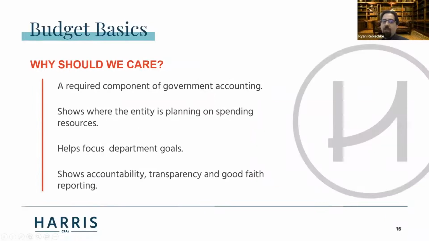Why should we care for the budget to actual? Within governmental accounting, it's a required component. You have to have a budget published for the community to see, for every government entity, every school district, every county, every city, every special district, recreation districts, highway, water.